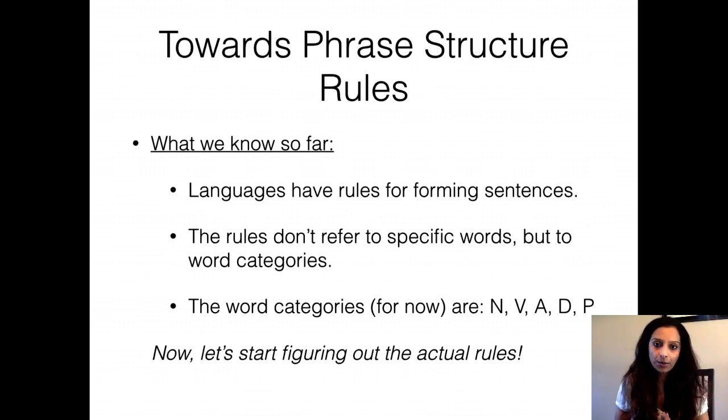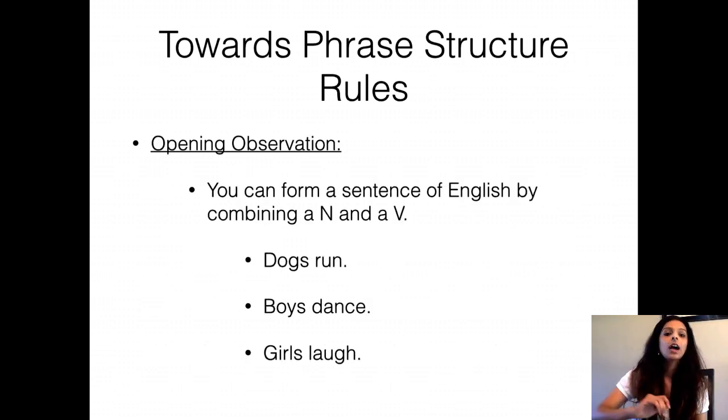What I'm going to do now is teach you something called the phrase structure rules of syntax. To do this, we are going to be using nouns, verbs, adjectives, determiners, and prepositions, right? So N, V, A, D, and P, and we are going to see some of the different rules of English. The first simple observation that we can make is that we can take a noun and a verb, and you can form a very simple sentence of English.